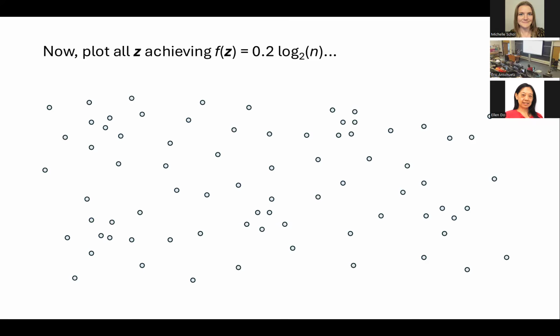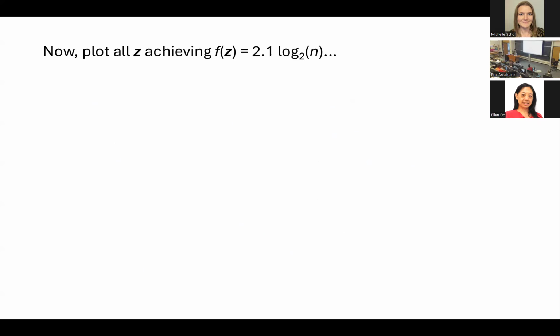Also, I should note, these are n-dimensional bit strings. I only have 2 dimensions to work with, so I'm heuristically plotting them out. But you should think of each of these dots as some bit string. Now, if I overshoot the approximation ratio, if it's greater than 1, I shouldn't expect any configurations achieving this approximation ratio. And maybe if it's approximation ratio 1, I have a single solution.